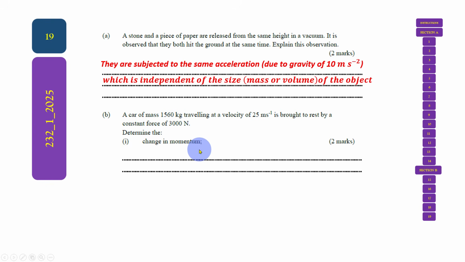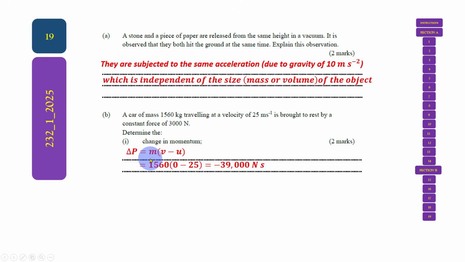Of course, change in momentum is mass times change in velocity. And you can see the velocity changes from 25 meters per second to 0 because it is brought to rest. Final velocity is 0, initial velocity is 25 meters per second, and this is the mass. So probably we can use this equation here to calculate the change in momentum.